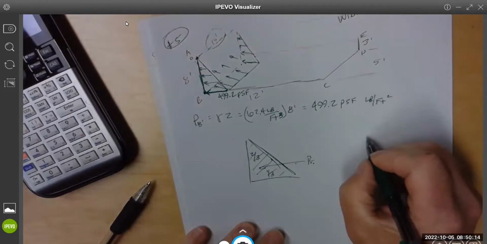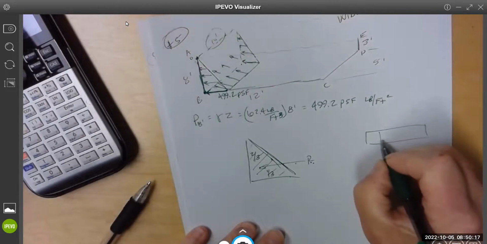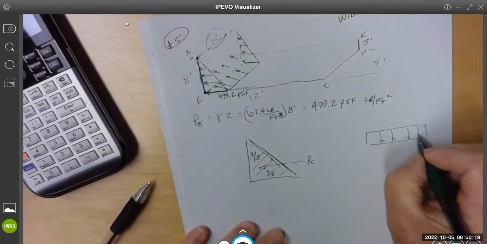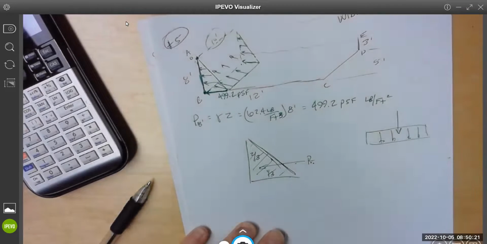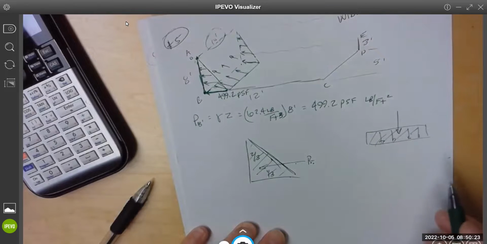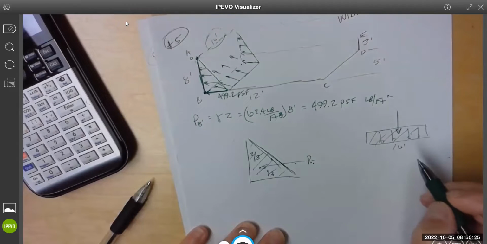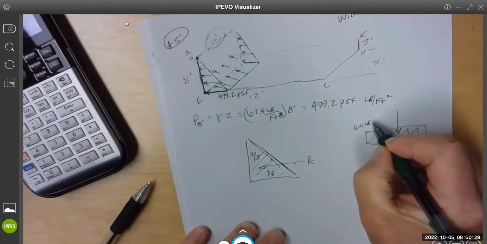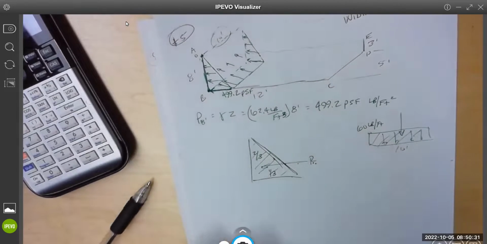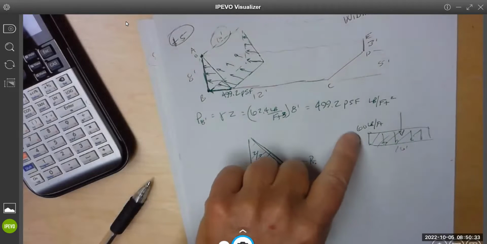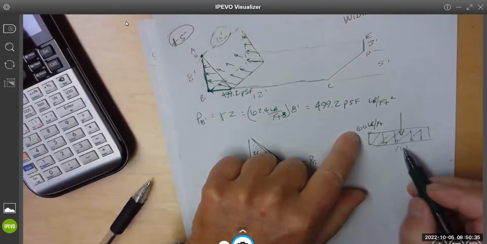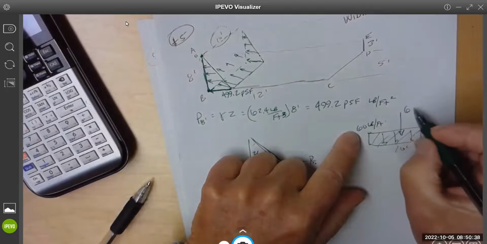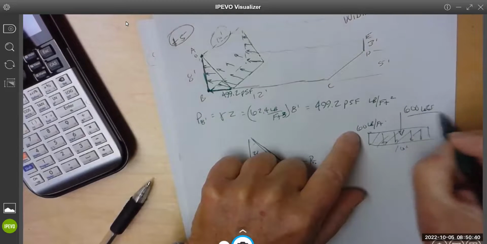Remember when we had a load curve like this? How did we find the resultant? The area of the load curve: this distance, 10 feet, times this height, which is usually like 60 pounds per foot. We took the 60 times the 10 and we get 600 pounds.